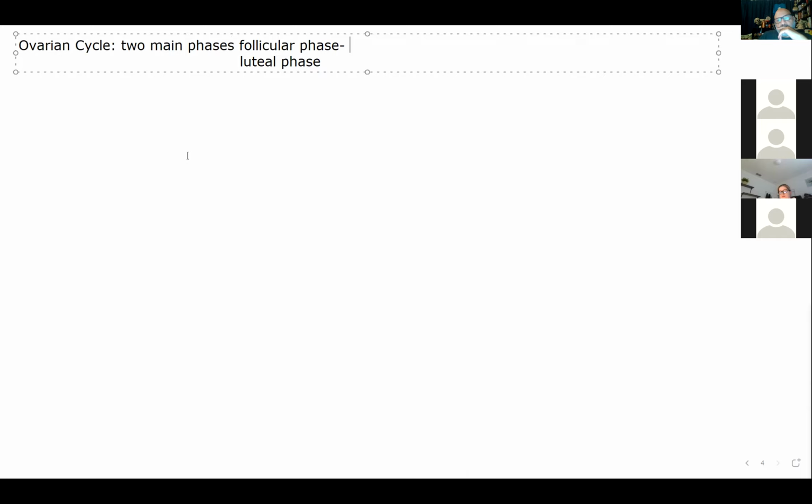The follicle is growing and maturing. Excellent. So then what's happening during the luteal phase? The oocyte finishes meiosis 1, gets stuck in meiosis 2, and then gets ovulated. Okay, excellent. So you've got the right idea.